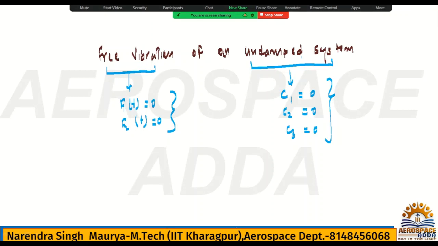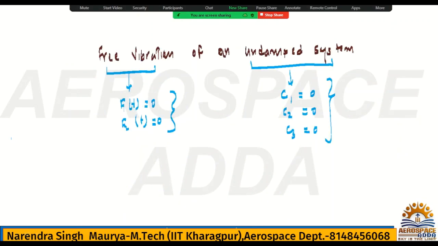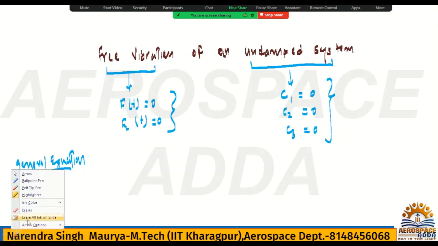Okay, now again focus on the previous problem. See the same equation; I'm not going to write that equation again. You can check it here. The C1, C2 parts will be 0, F1 will be 0. Similarly everywhere the C2, C3 parts will be 0. So this equation will be shortened. Now I will write what the system will be. First we need to write the general equation for free vibration of an undamped system. So what will be the general equation now?